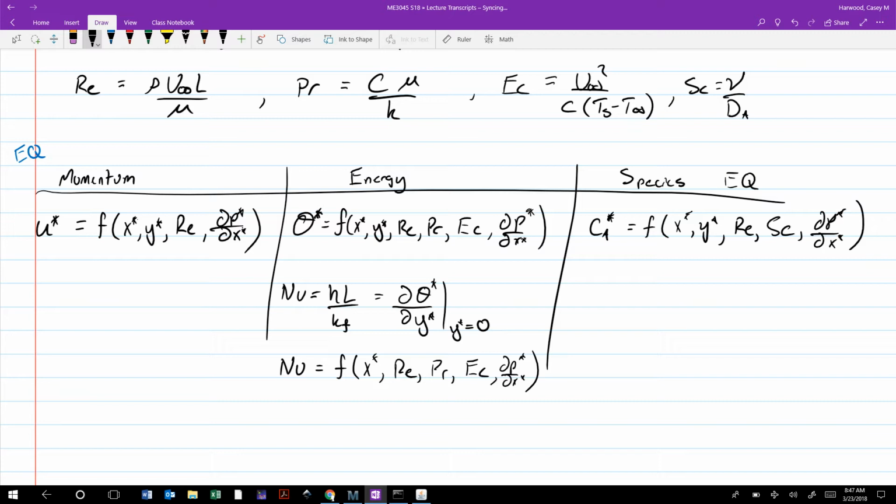If we non-dimensionalize that, we get what's known as the friction coefficient, Cf, which is equal to the shear stress due to friction divided by 1/2 rho u infinity squared, which is equal to viscosity times du dy at y equals 0 over 1/2 rho u infinity squared.